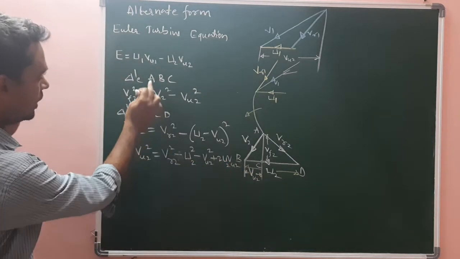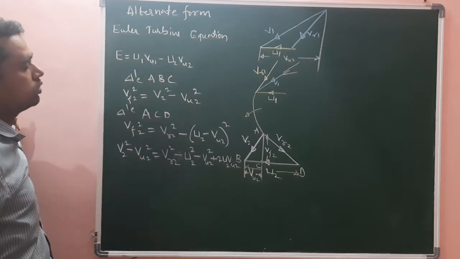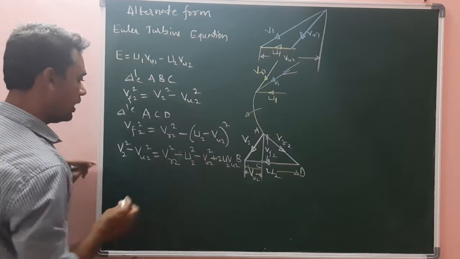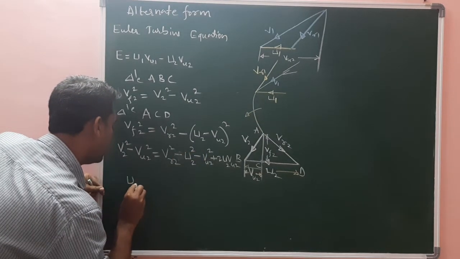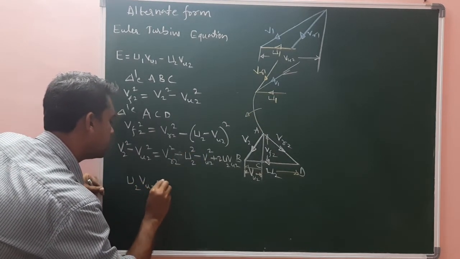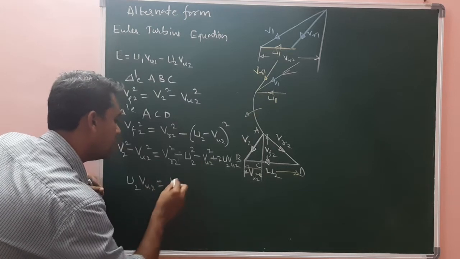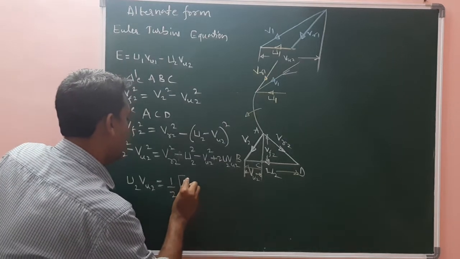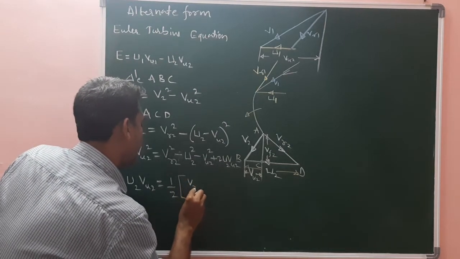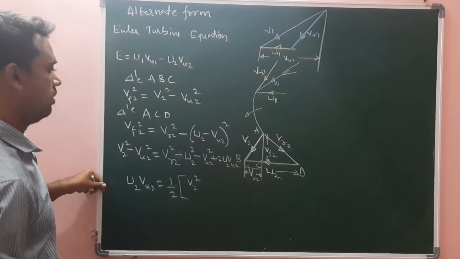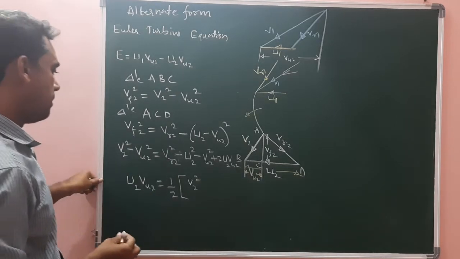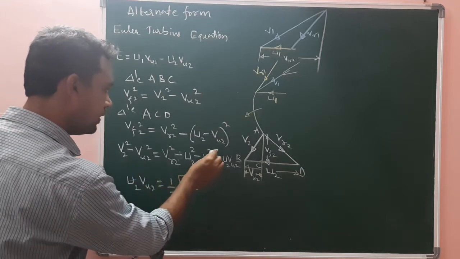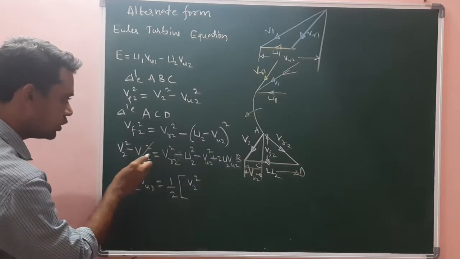Now what I want in this Euler turbine equation is U2 Vu2. Therefore, I will keep U2 Vu2 on one side and all others on the other side. So U2 Vu2 is equal to 1 by 2 of V2 square minus Vr2 square plus U2 square. The Vu2 square terms on the LHS and RHS cancel.